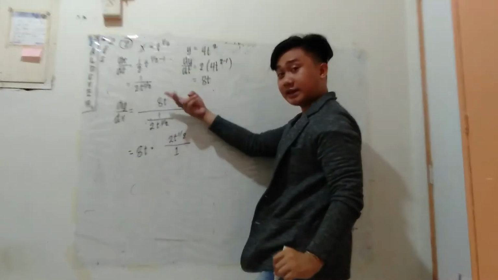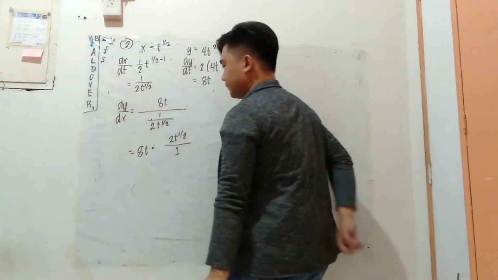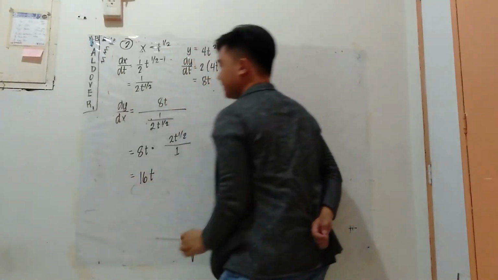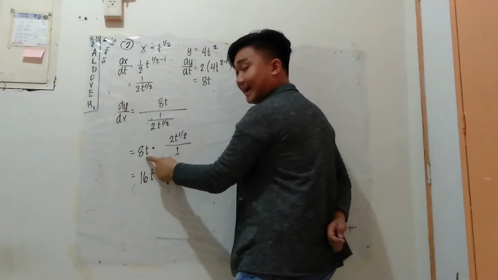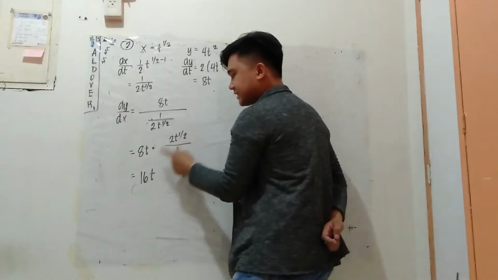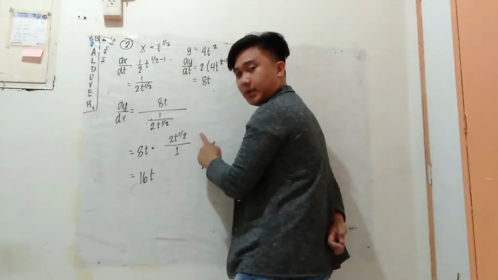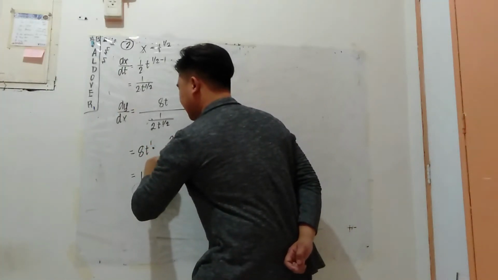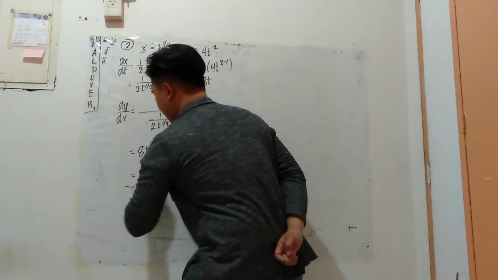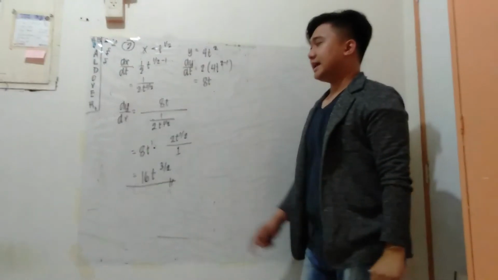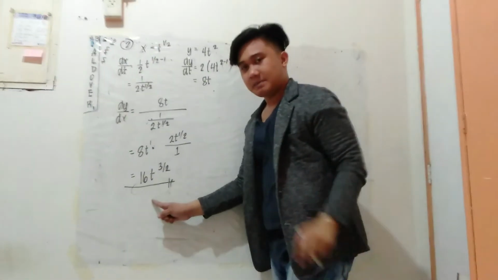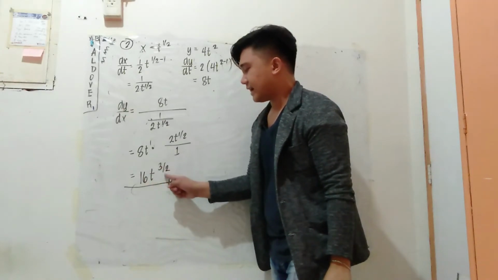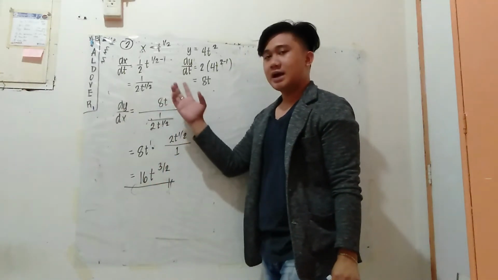So, na-reciprocate lang po. So, that is equal to 16t, same base, t tsaka t. Pag same base, copy the base, add the exponent. So, this is 1 plus 1/2, or simply 3 over 2. So again, pwedeng ito na po yung sagot mo. Pero i-express natin ang 16t raised to 3/2 in terms of x.